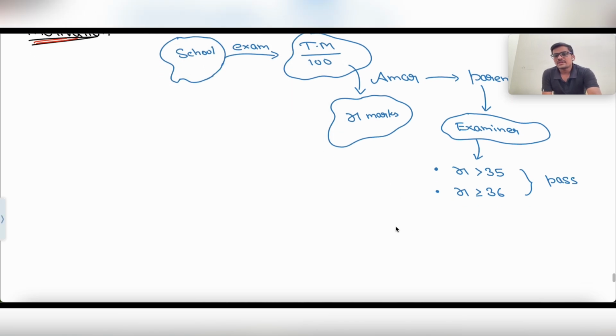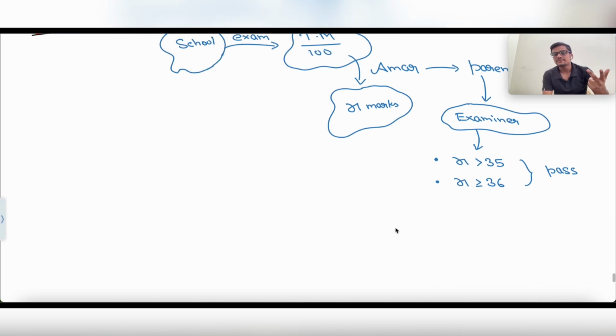So if marks is greater than 35, then the child passed, that is Amar passed the exam. But what happens if the marks is less than or equal to 35? Then surely he fails. Or we can write this as X is less than 36. Then also we can say that Amar failed the exam.